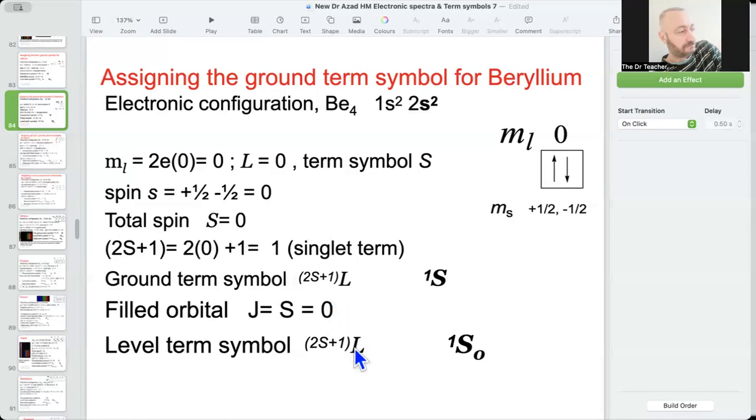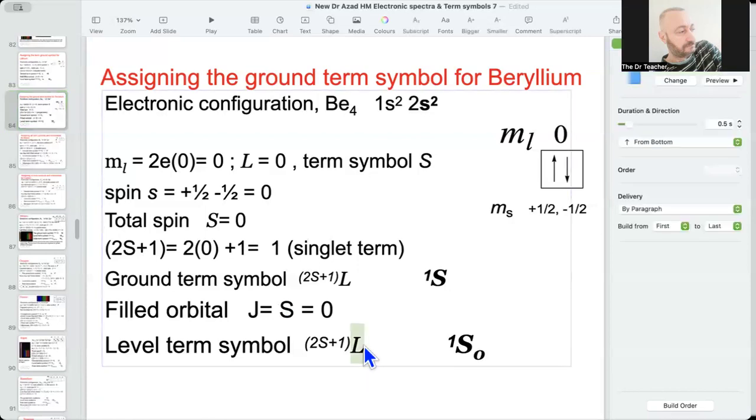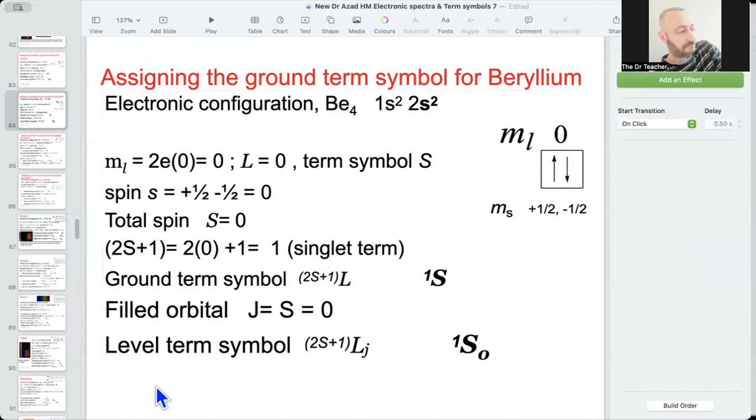So the level term symbol has to have a J here, as a subscript. So in this case, we have 2S plus 1 L J is S1, 0.